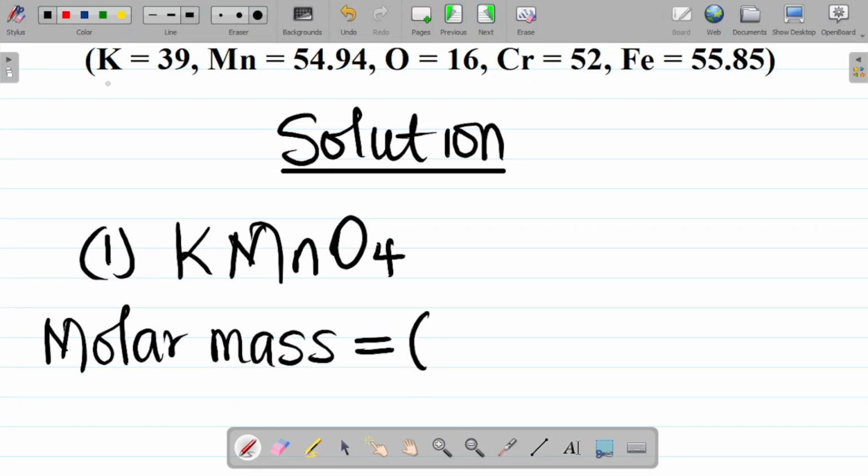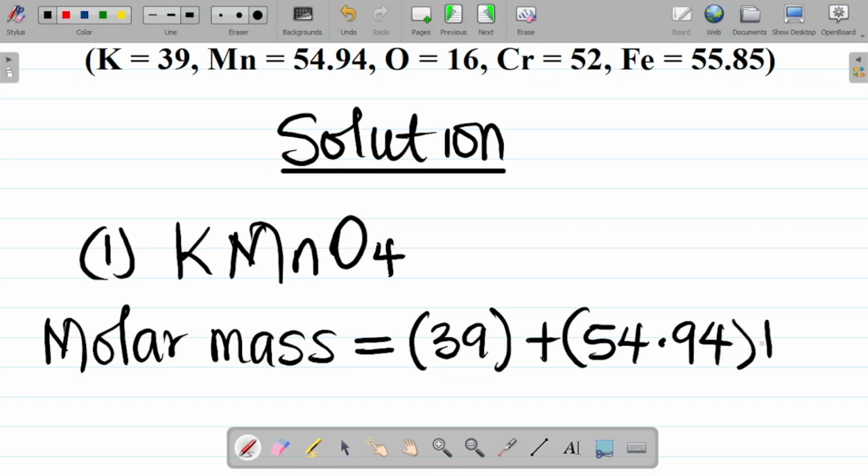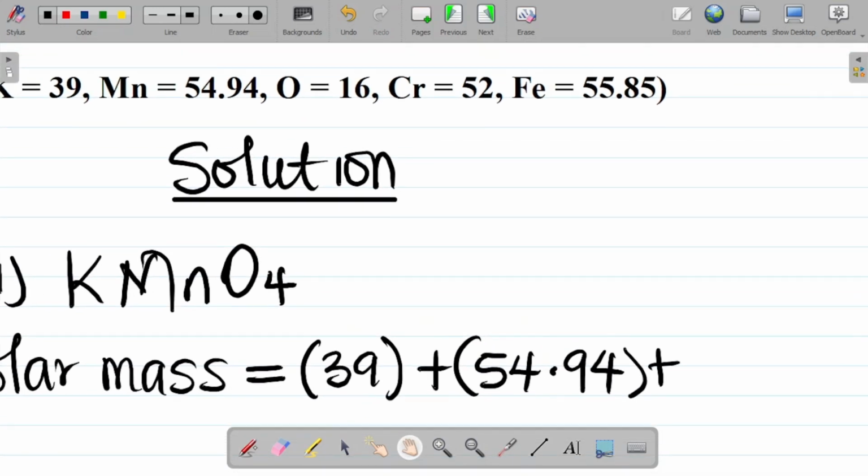for potassium, we can see here that is 39. So it becomes 39 plus, for manganese, we can see here the value of the atomic mass is 54.94 plus, finally for oxygen, we can see that oxygen is actually 16, times, if you look at oxygen in this compound, we have 4 atoms of oxygen, so it becomes 16 times 4.